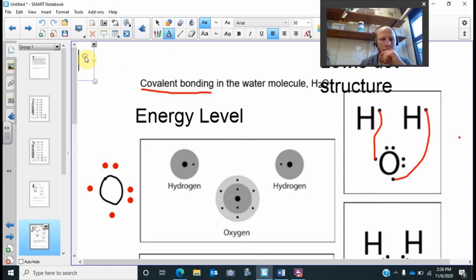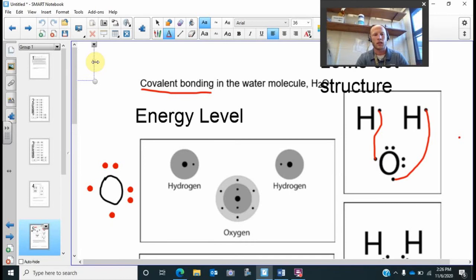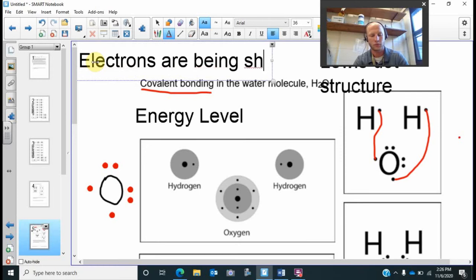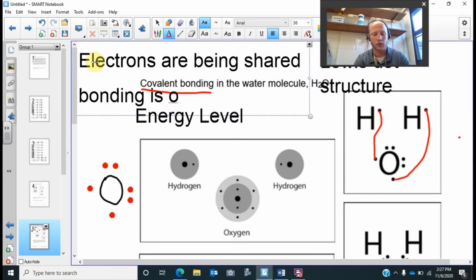But anyways, what I was going to say here is covalent bonds. We know this is a covalent bond because electrons are being shared, as well as the bonding is occurring between nonmetals. Yep, you can just put that right there, Corey.